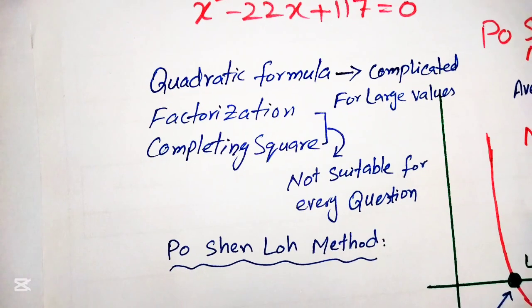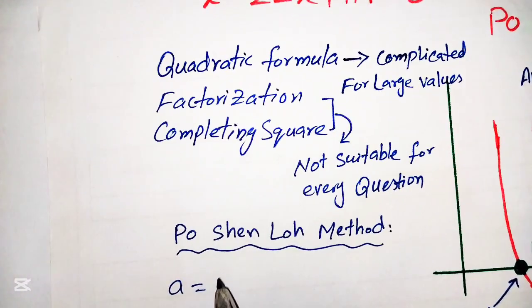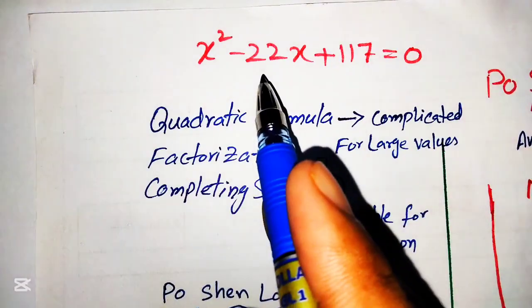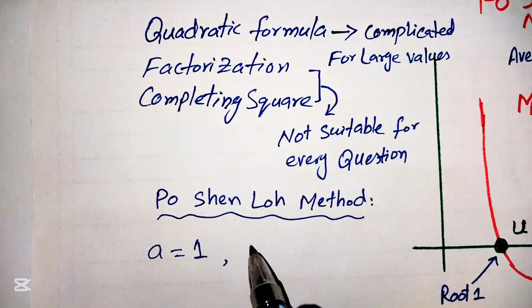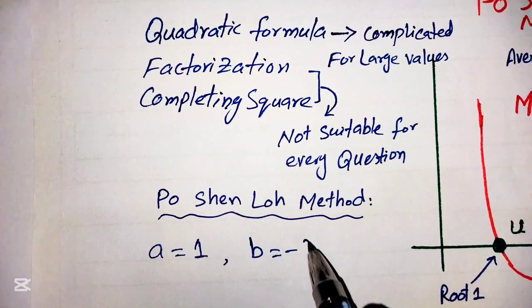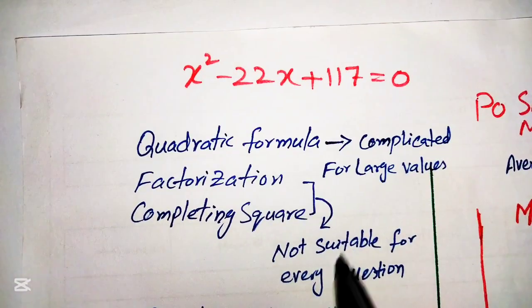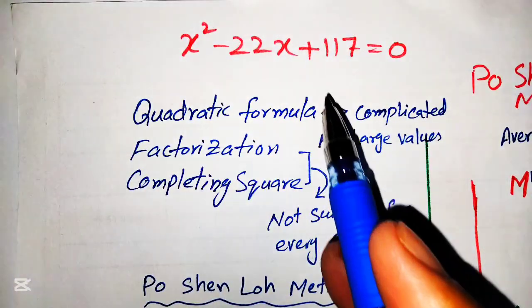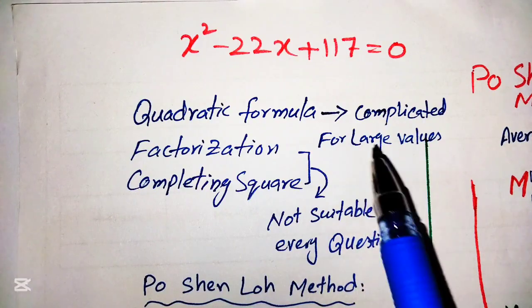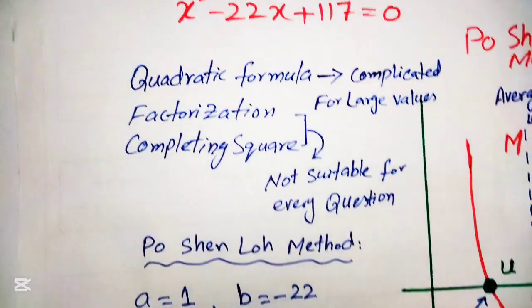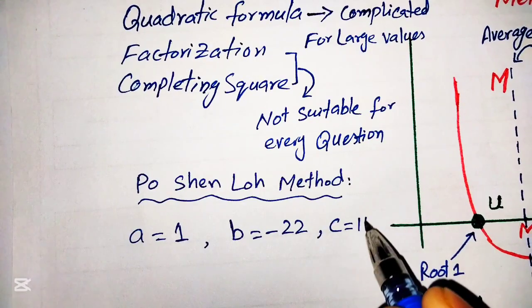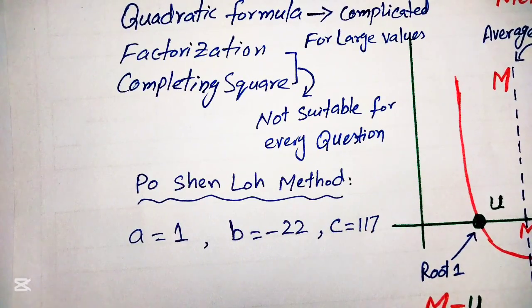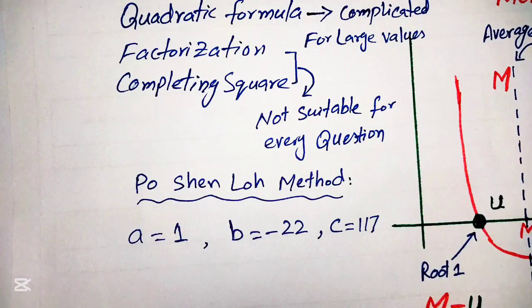We also have b is equal to minus 22, that is the coefficient of x, and the constant is 117, that is c is equal to 117. These are the values of a, b and c here.